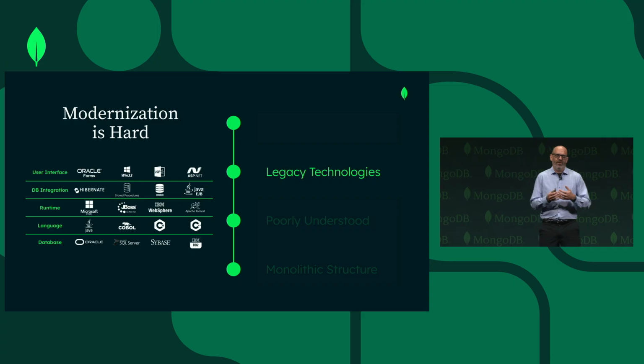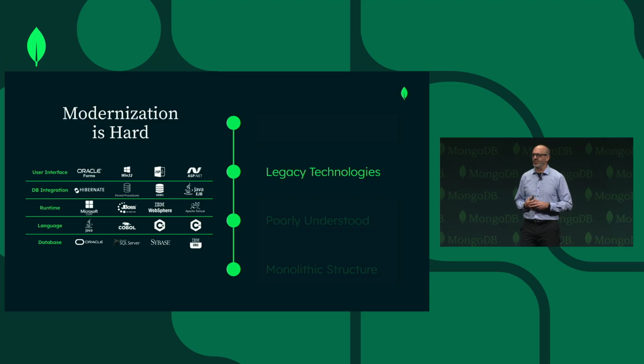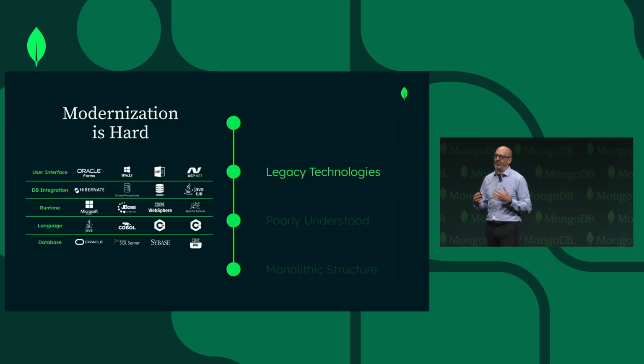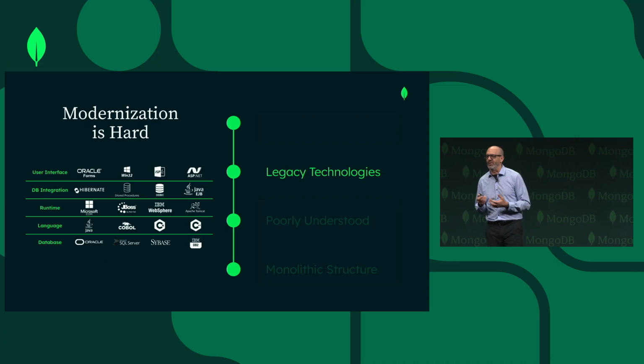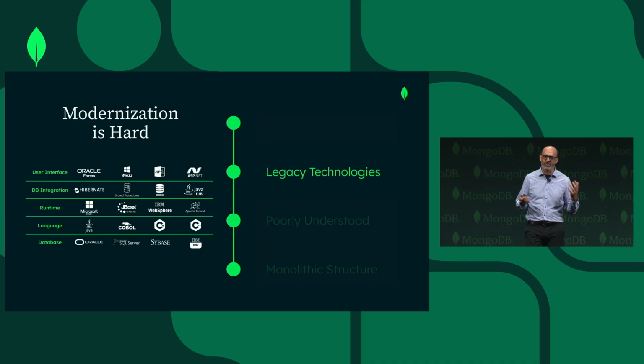And for all those technologies I just mentioned, for each of your apps, there's a huge amount of variation. You might have one app that's using Hibernate, another using iBatis for ORM, different runtimes, different versions of different databases. So there's a lot of complexity and a lot of different legacy technologies.